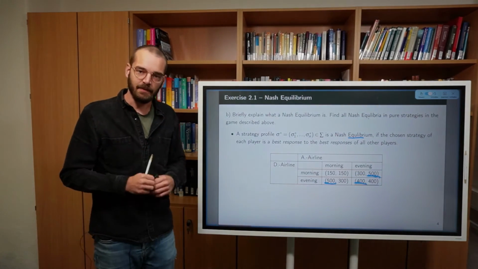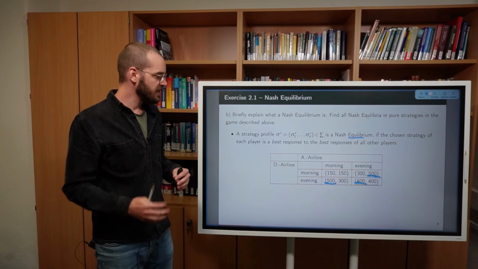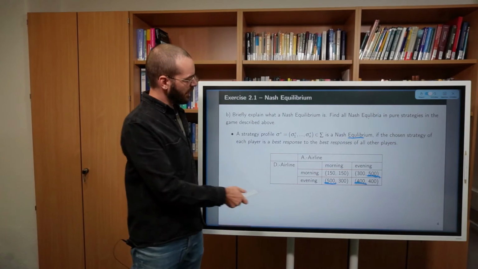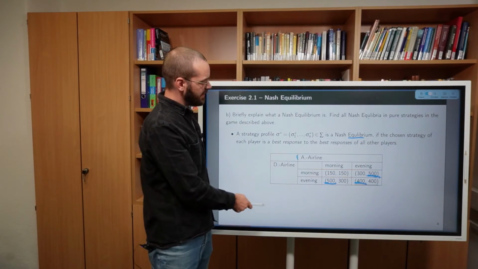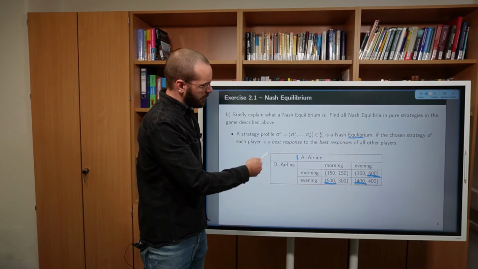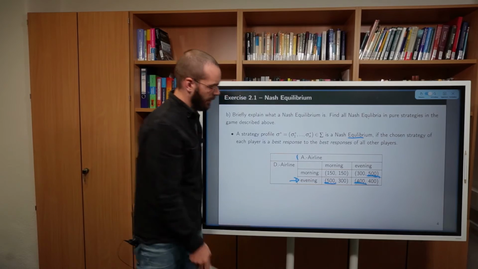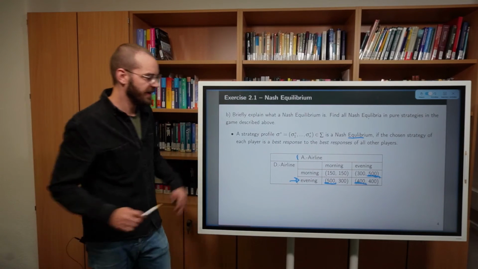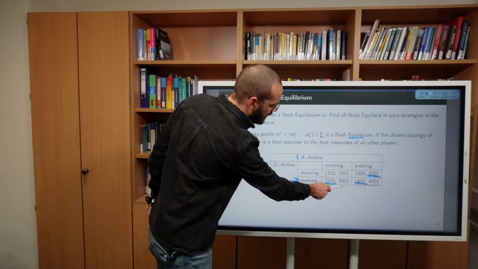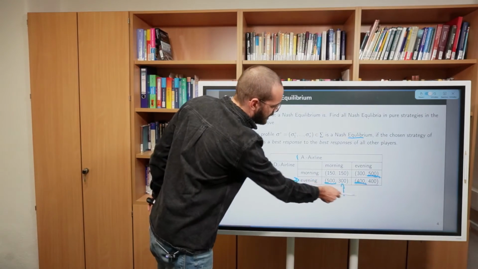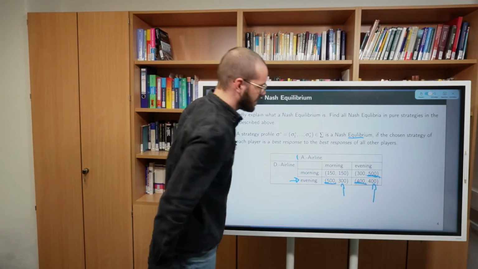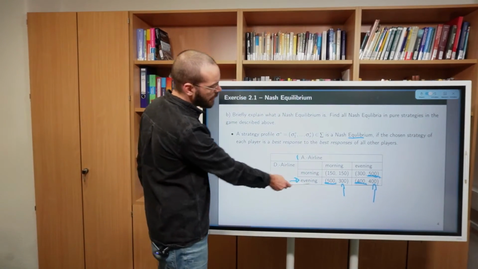Now, fourth and finally, let's find out what the best response of the A airline is, considering that the D airline is now playing the other strategy, namely evening. We are again comparing the payoffs that are written second in the tuples, and we are now considering the lower row of the matrix.